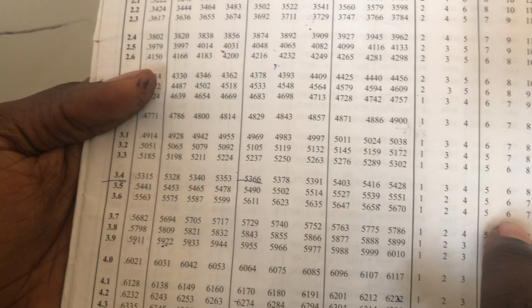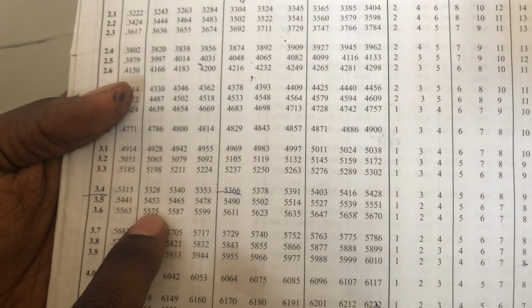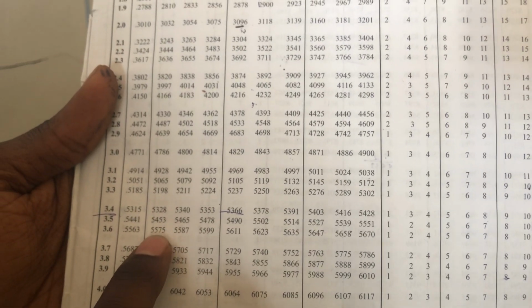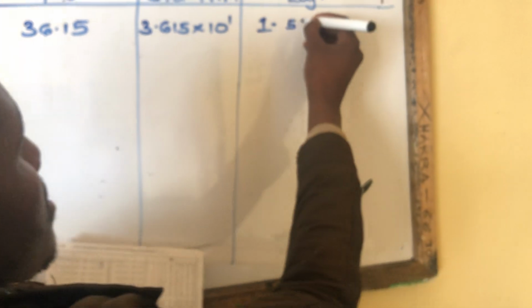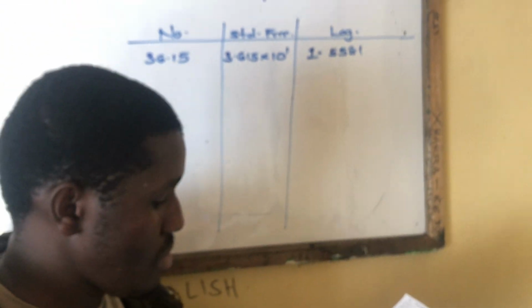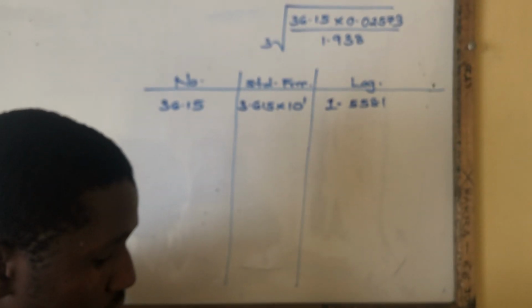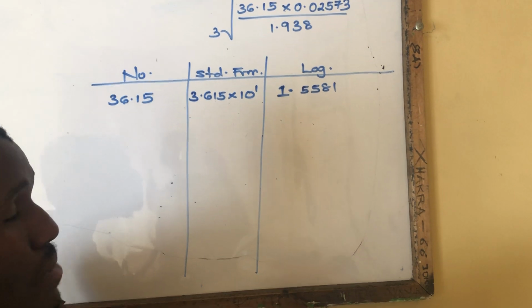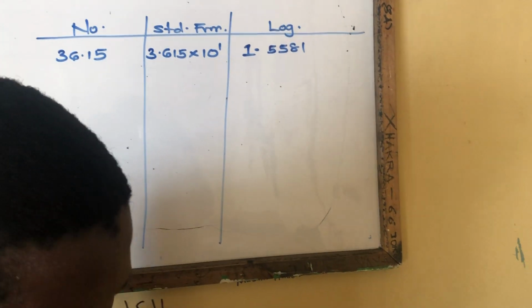The log of 3.615 should be 5581. If you're following with me, I hope you have also read the same thing from your 4-figure table. The mantissa should be 5581.